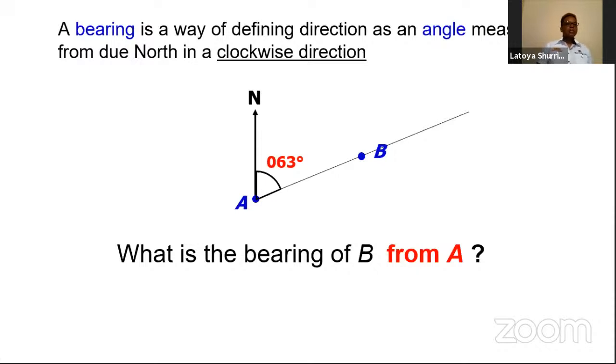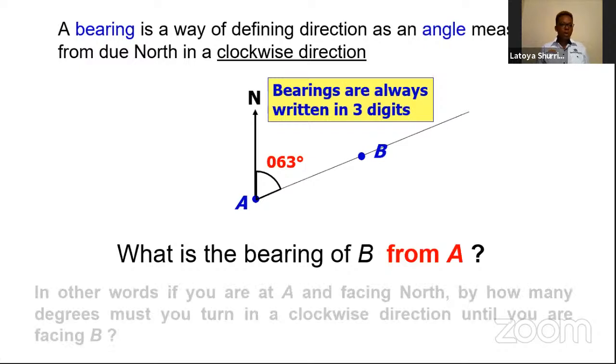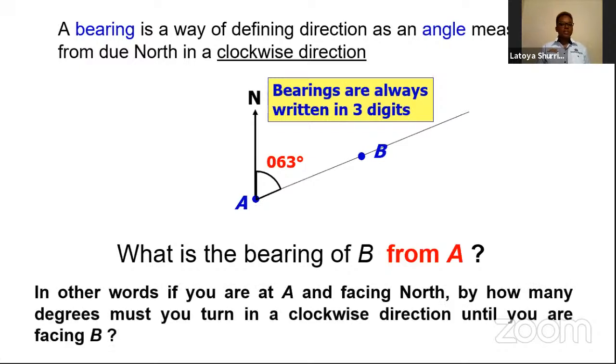All right. So the bearing of B from A is 063 degrees, and we always represent our bearing in 3 figures. In other words, if you are at A and facing north, by how many degrees must you turn in a clockwise direction until you are facing B?